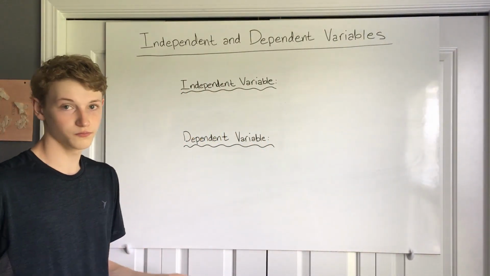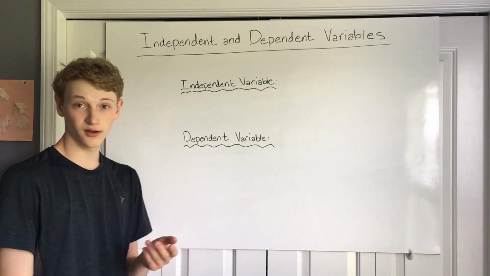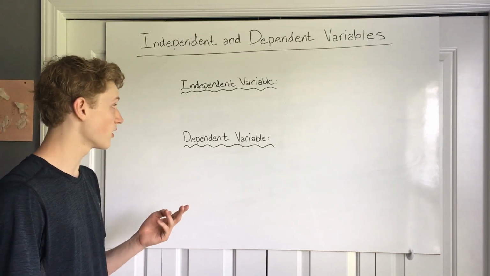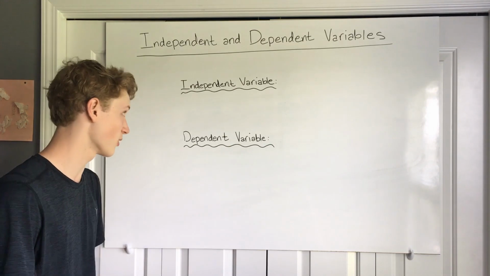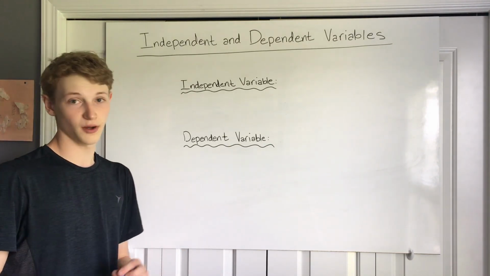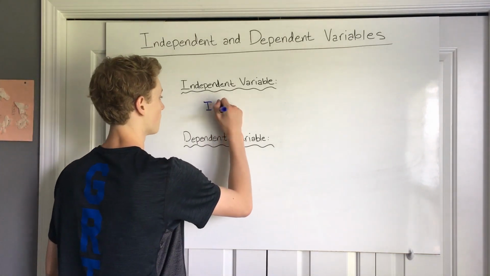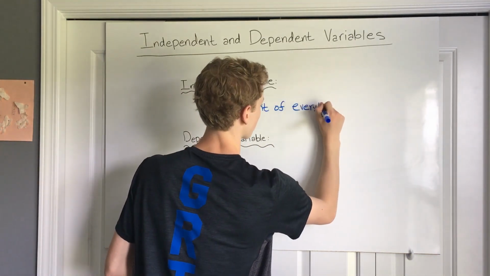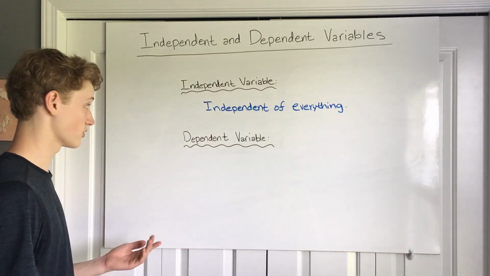Now that we've become pretty used to variables and one variable equations, we're going to introduce two different types of variables that are especially useful in graphs and the rest of algebra. So first up, an independent variable. It sounds exactly like how it is. It is independent of everything else in the equation.